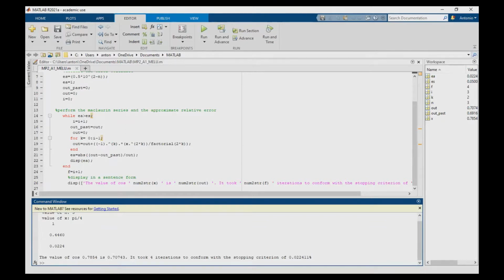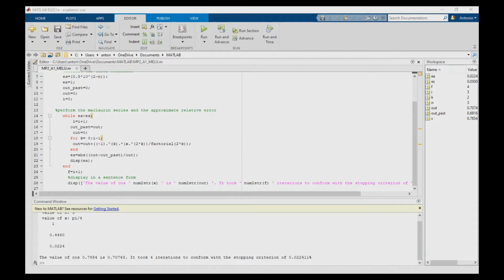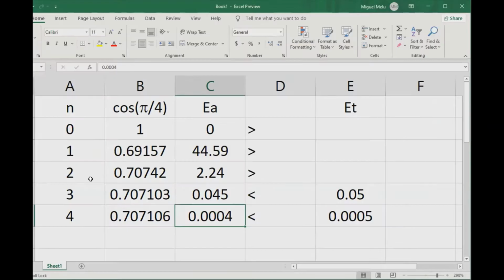As you can see here in the chart, the iterations have succeeded since they are both the same, where n is equal to 4, not just here in the chart but also in the program. So 0.045 is less than 0.05.